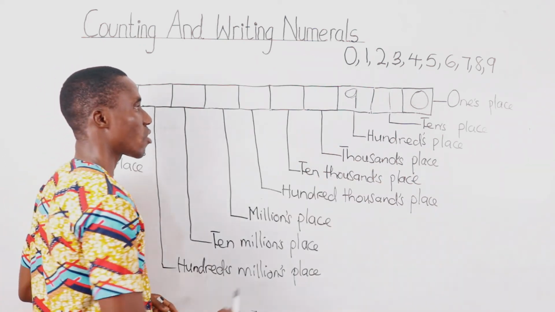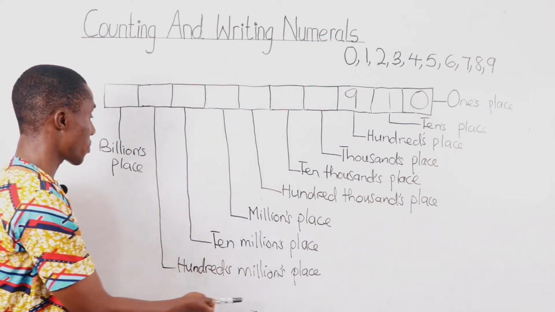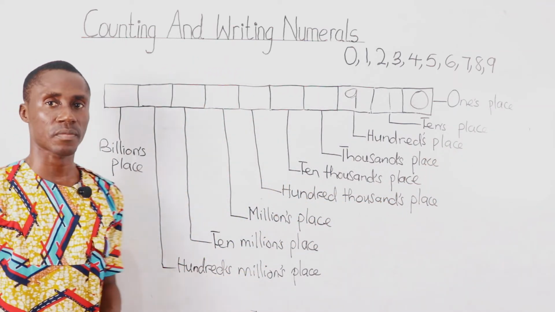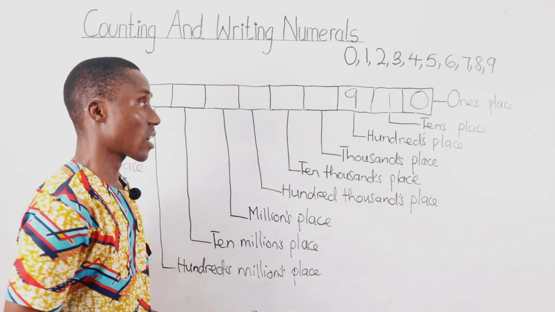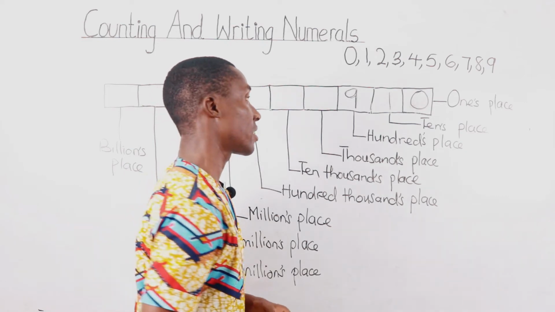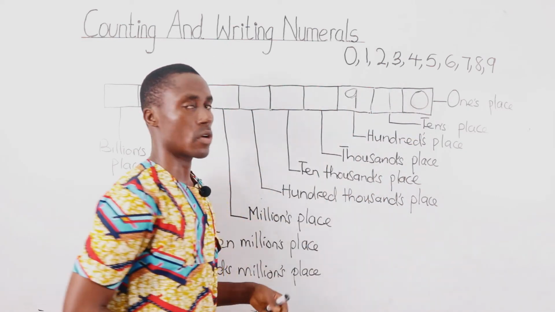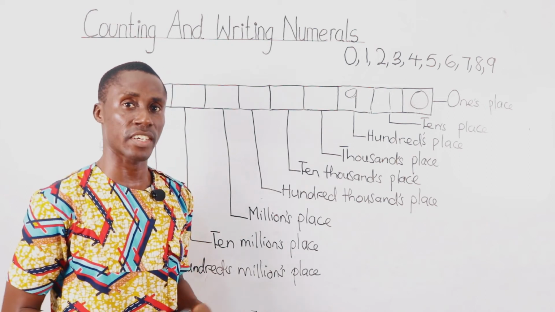For us to avoid writing the names of the number places as we have written over here, the names are shortened, as in abbreviated, and written on top of each number place instead.